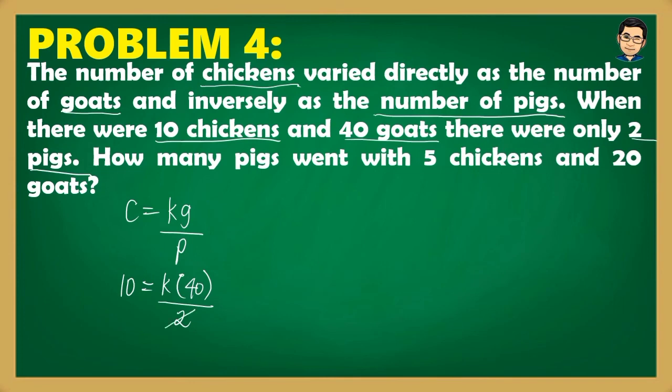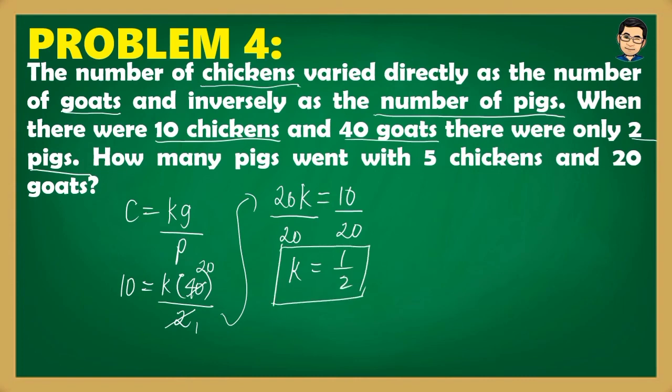So, 2 will become 1. And then 40 will become 20. So, yung common factor kasi nila is 2. So, and then, rewrite natin 20k is equal to 10. And then, we divide both sides by 20. So, the value of k is 1/2.